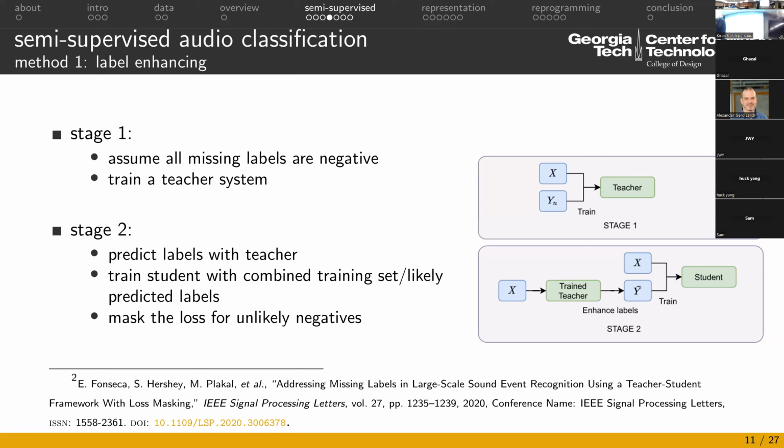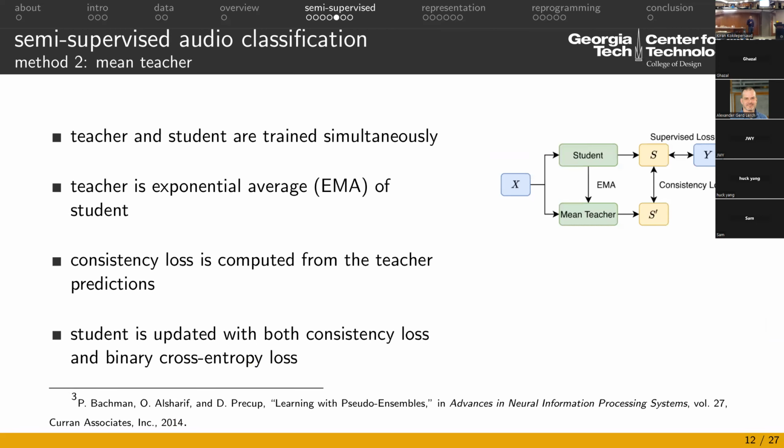And we have a confidence measure for this prediction. Then we use the highly confident predictions as a new pseudo ground truth and train our student system with this extended data. And for the unlikely predictions, we still mask out the loss, so we don't let them impact our training. The second method that we tried is the mean teacher approach.